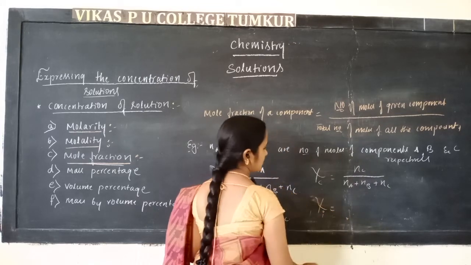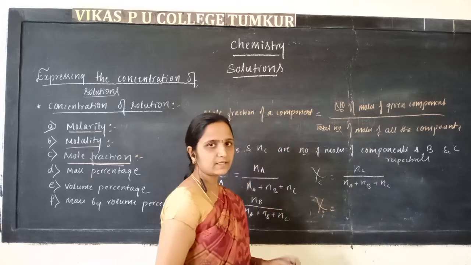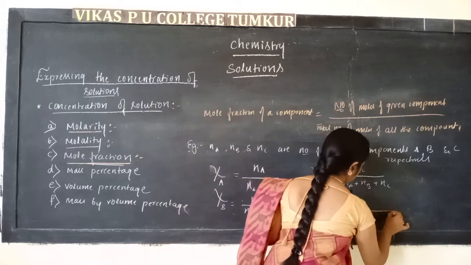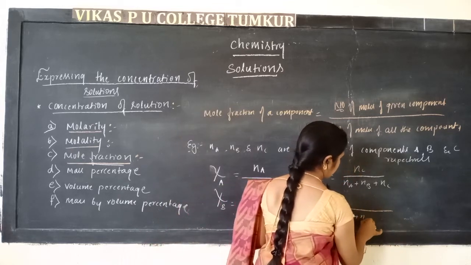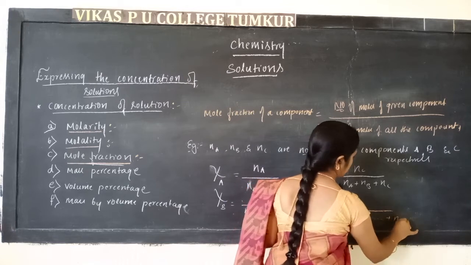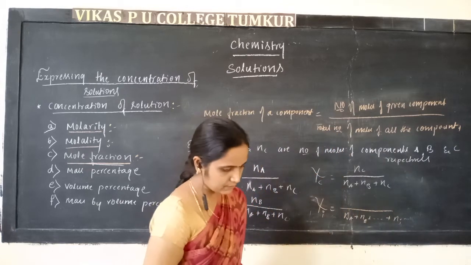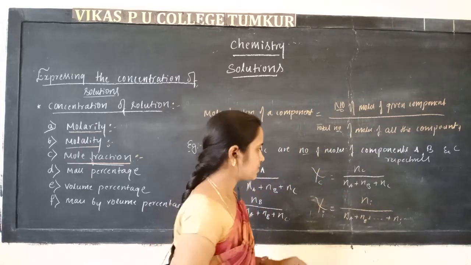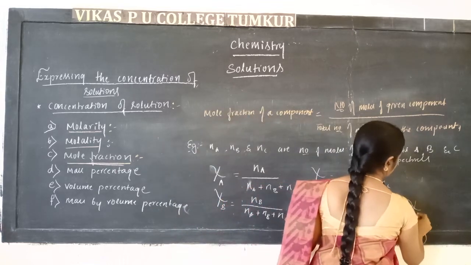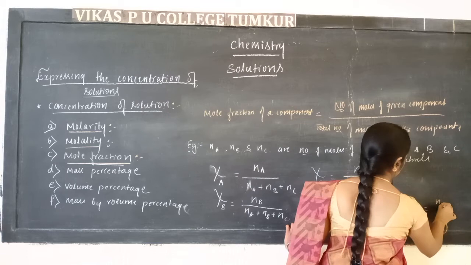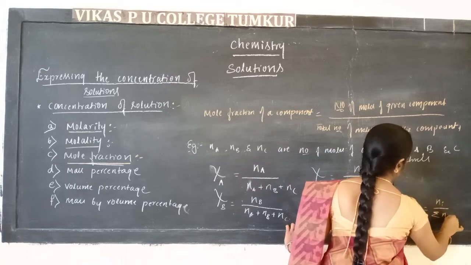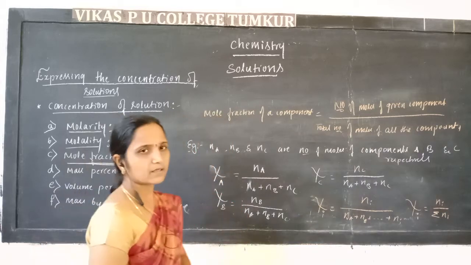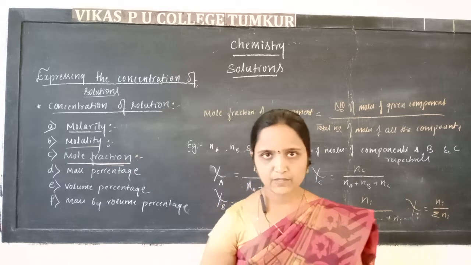If we need to find the mole fraction of the component i, we take the total as Na plus Nb plus dot dot dot up to Ni, which we write as summation of Ni. Then chi i is equal to Ni divided by summation of Ni. This is about the mole fraction. The mole fraction of the given component can be found by using this.